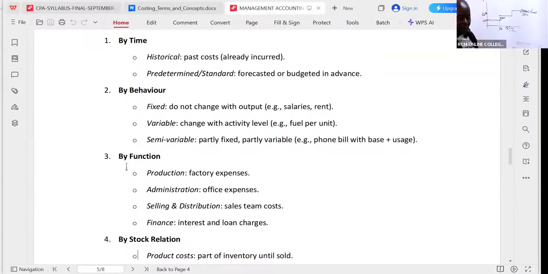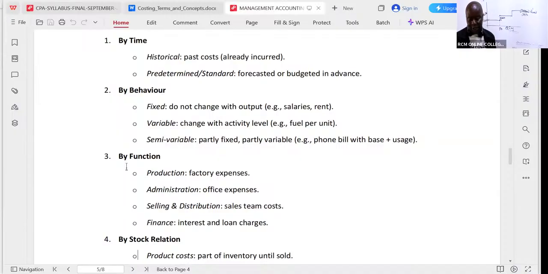Then we have, ladies and gentlemen, classification of expenses by the functions. What are the key functions that these organizations get involved in? These organizations, for example, they will be doing production. There must be lots of administration. There must be lots of moving these goods up and down, up and around to distribute them to the customers.